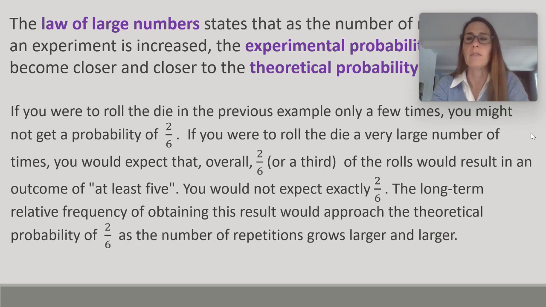But if you roll it a very large number of times, that experimental probability, what you actually get when you do the experiment, is going to get closer and closer to the theoretical probability of exactly 2/6. So the long-term relative frequency of obtaining the results would approach the theoretical probability of 2/6 as the number of repetitions of the experiment grows larger and larger.